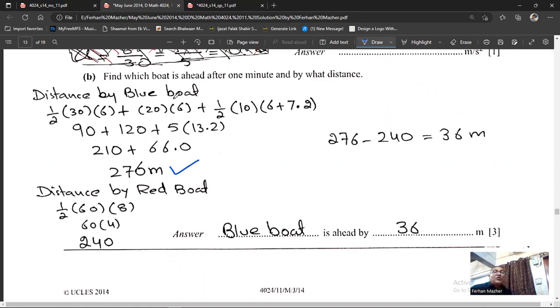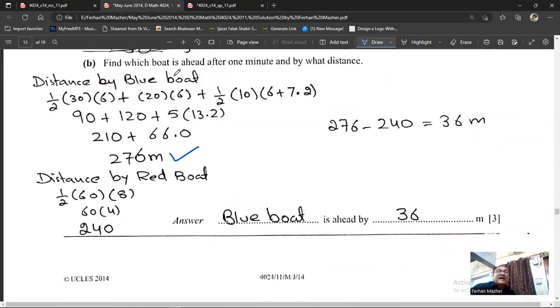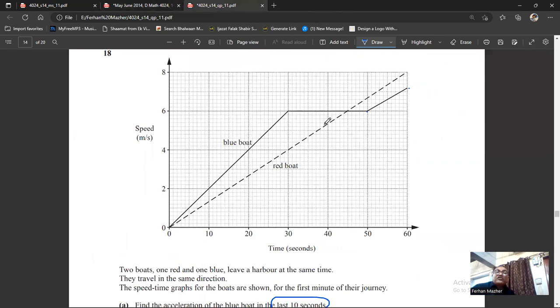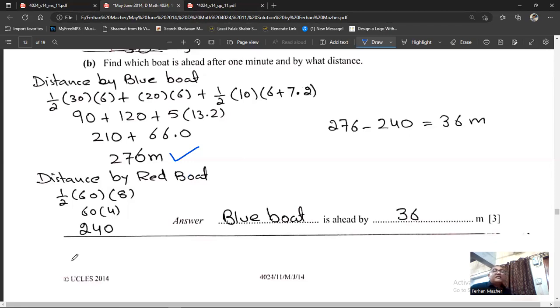So the blue boat has covered 276 meters. The red boat, its graph is a triangle. The area under the speed time graph is a triangle. So I will find out the area of this triangle. That will be 1 by 2 into base into height. 1 by 2 into 60 into 8, and that will be 60 into 4, and that is 240 meters.